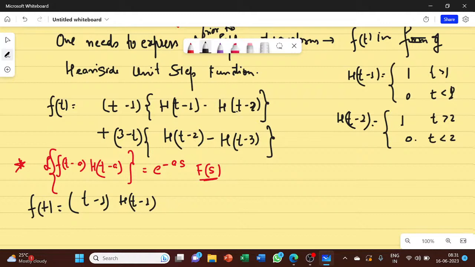Then I'll write plus h of t minus 2, and then here there is a t minus 1, so I'll write t minus 1 with a negative sign, so this will be 1 minus t, and then plus 3, and then minus t. So I have added this term, and I have added this term with a negative sign. This will give me h of t minus 2, and then minus minus, I will write simply plus, t minus 3 into h of t minus 3.